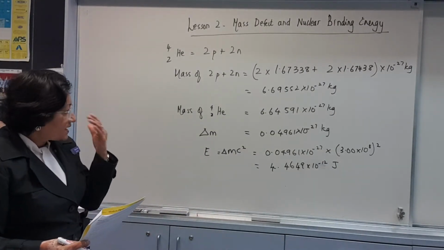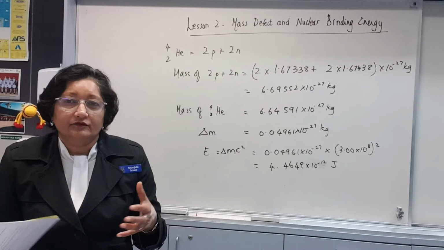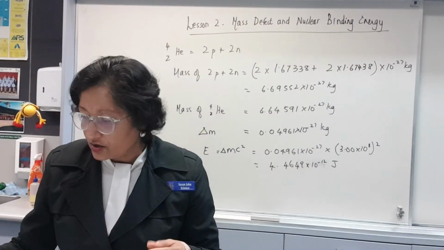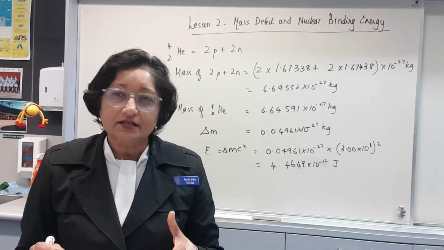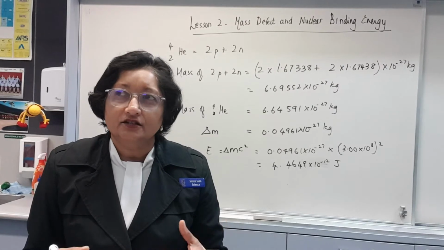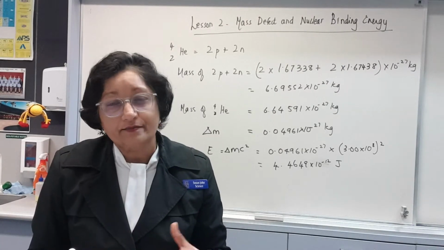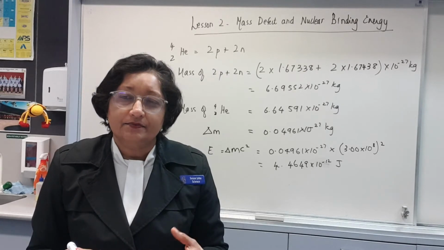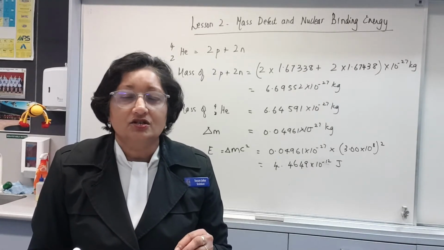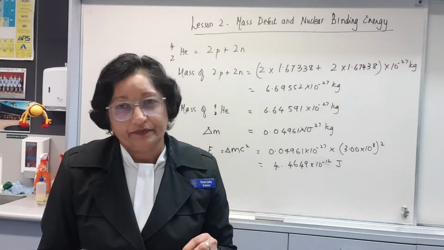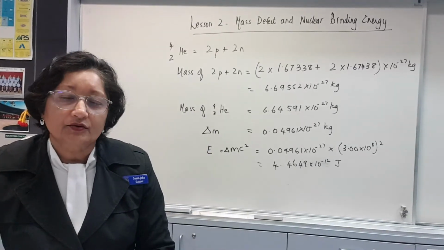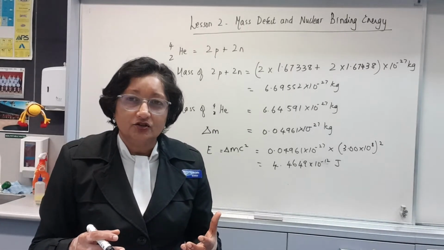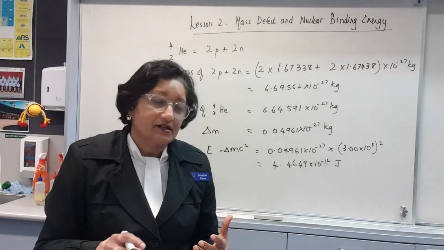Now, the thing is, every atom with the nucleus, they have several nucleons in it, and the stability of a nucleus depends not so much on the total binding energy, but actually on the binding energy per nucleon. Okay, and so the greater this binding energy per nucleon, the more stable the atom.